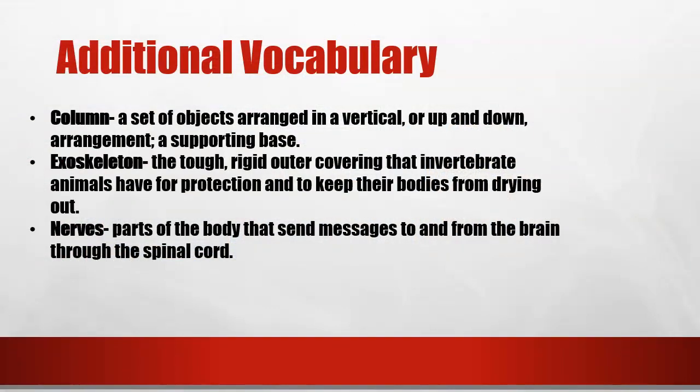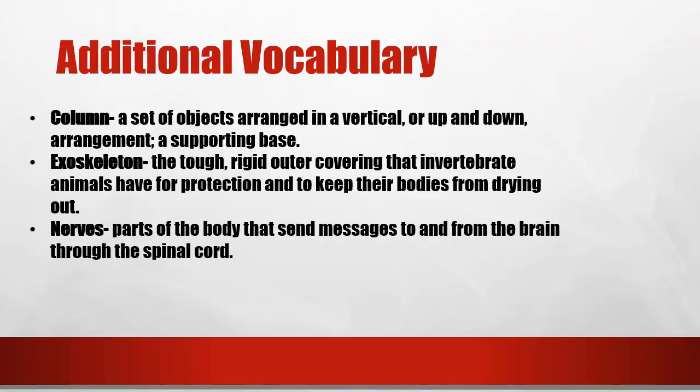So we have some additional vocabulary for this particular lesson. And the first vocabulary word that we have is column. Now, you do not have to put these vocabulary words into your vocabulary journal. I'm just going to tell you what they are and tell you what they mean. So we have column, a set of objects arranged in a vertical or up and down arrangement, or a column can be a supporting base.